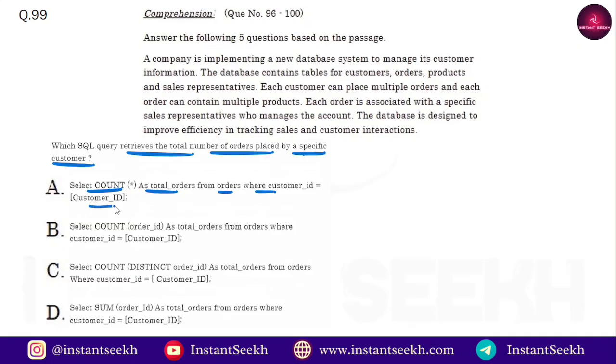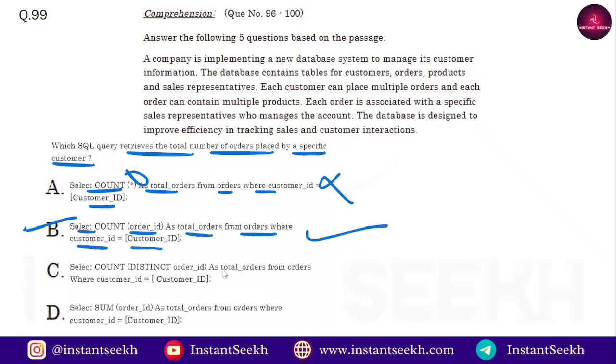This will give all orders, so this is wrong. Select count order ID as total orders from orders where customer ID equal to customer ID. Yes, this is the exact query that will retrieve the total number of orders placed by a specific customer.